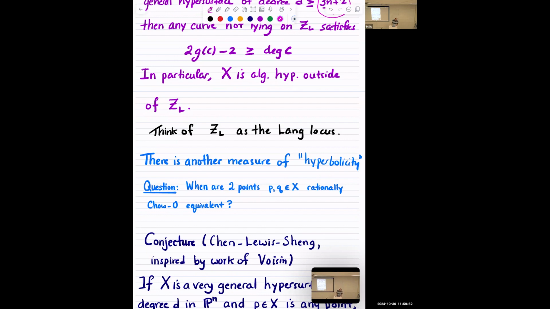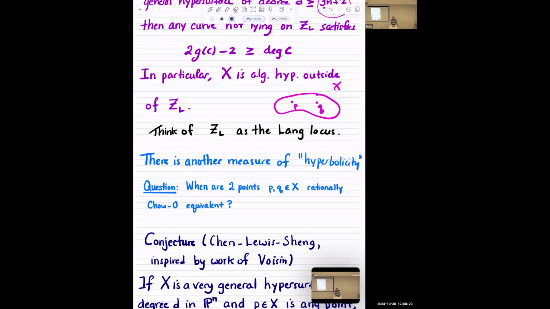Suppose you have your X, and you take two points P and Q. Now you can ask, are these two points rationally Chow zero equivalent? Of course, one way they could be rationally Chow zero equivalent is if there's a rational curve that goes between the two points. What could also happen is that you can add some number of points there, and you find the curve.